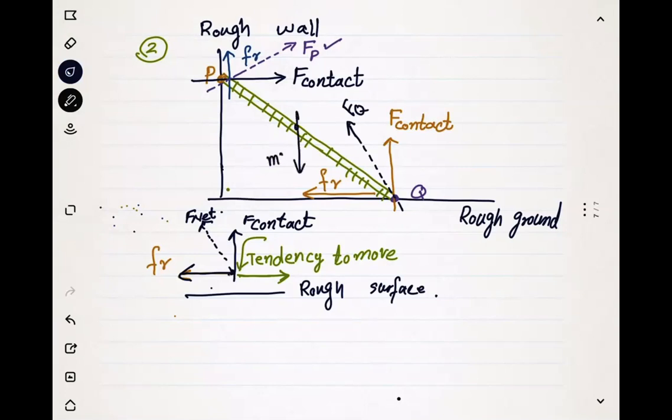Now let's think, what is the possibility of equilibrium? Is equilibrium possible or not? F contact and friction are the individual forces, however, we will focus on the net force at P, the net force at Q, and the net force that is the weight.